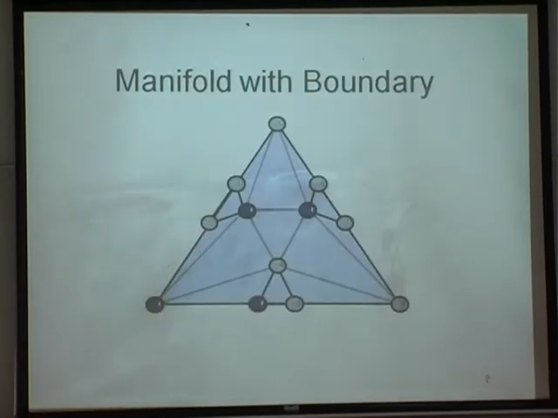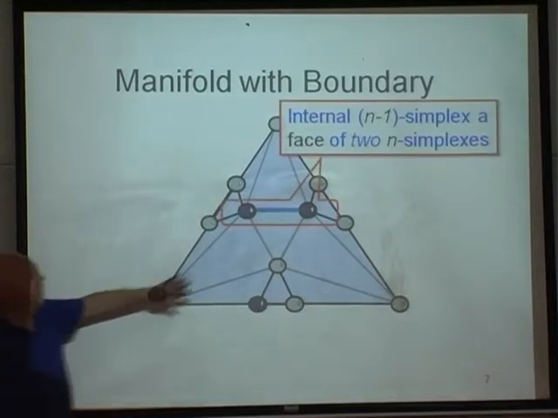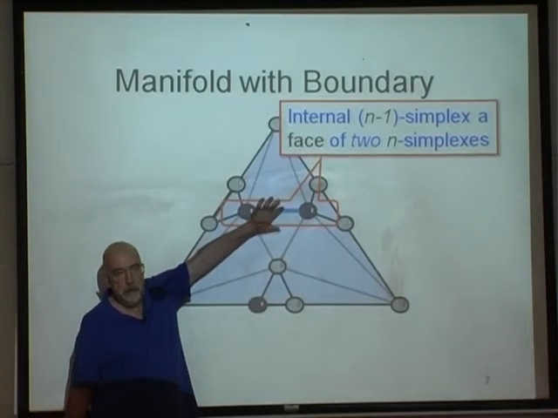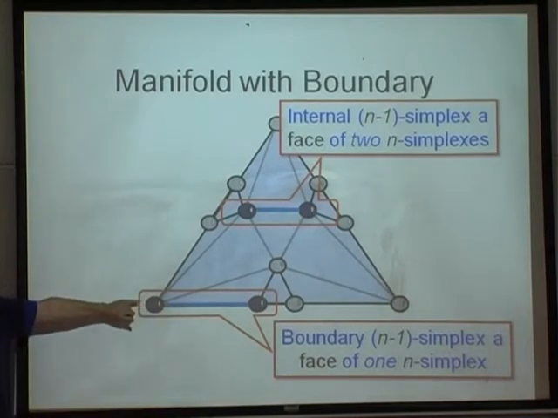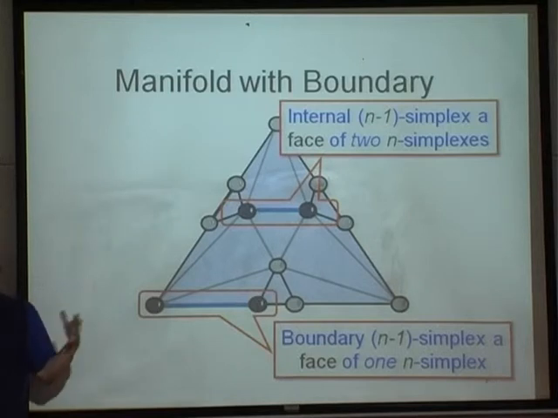And so we can extend this to say a manifold with boundary is just like a manifold, except we're allowed to have a boundary. It says that every n minus 1 simplex is a face of either two n simplexes in the interior, or a face of exactly one on the boundary. So again, this is analogous to any continuous notions of manifold with boundary you may have seen in other contexts.